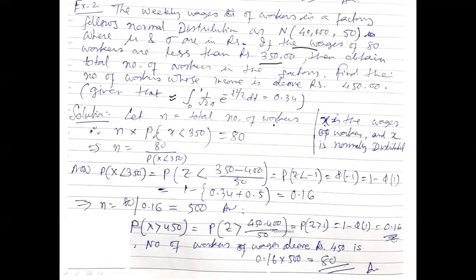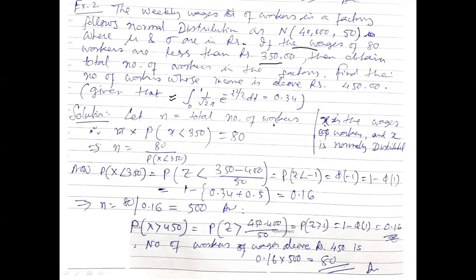If we multiply that fraction by the total number of workers n, then you get the number of workers whose wages are less than 350, and that value is equal to 80. I repeat: if the wages of 80 workers are less than 350, then we have to find the total number of workers in the factory. As we assumed, x is the wage of the workers, so x is normally distributed, and so on.